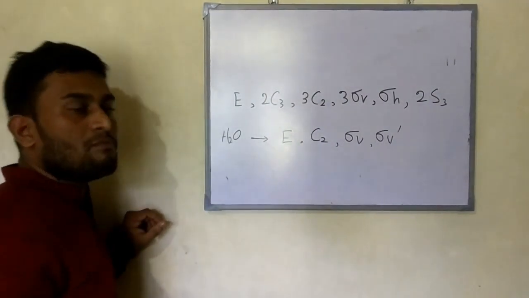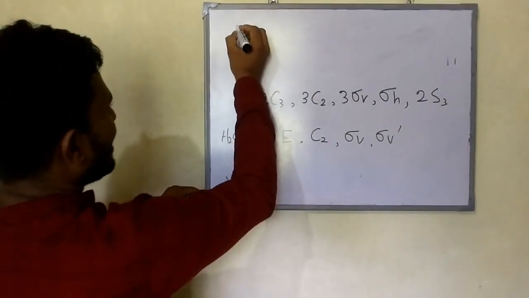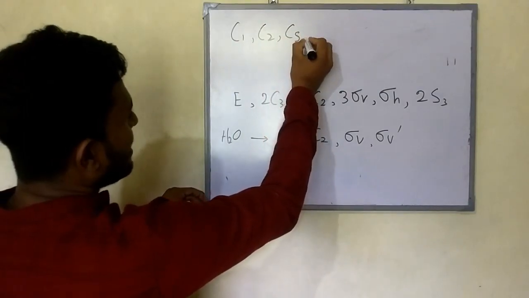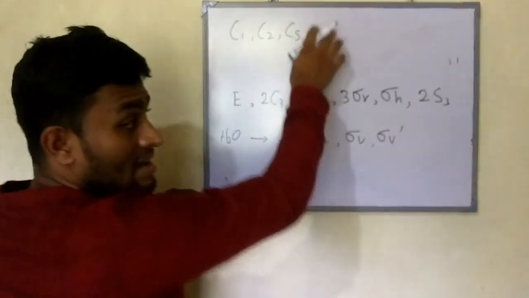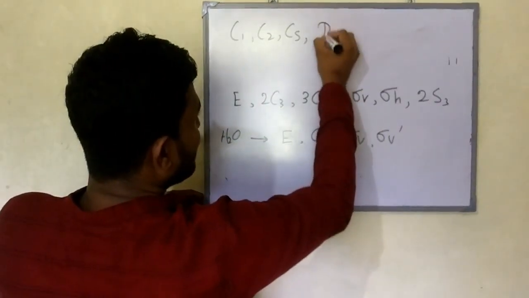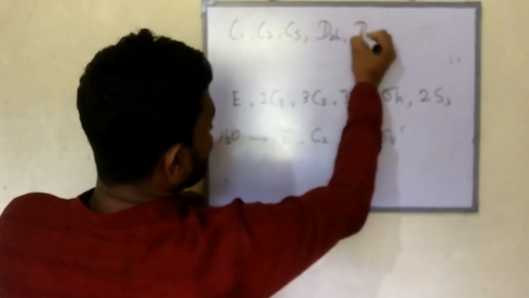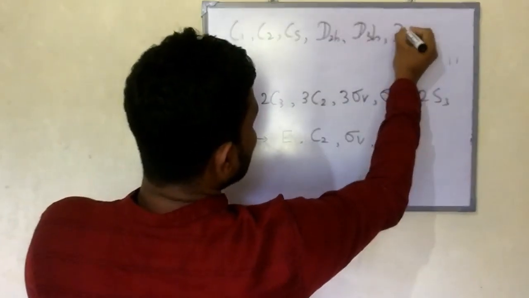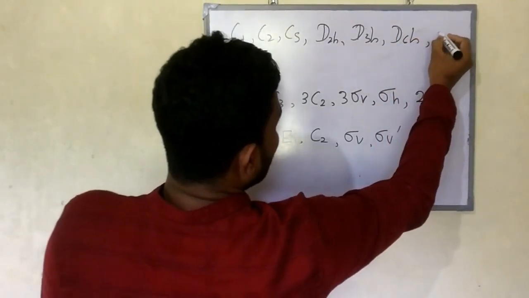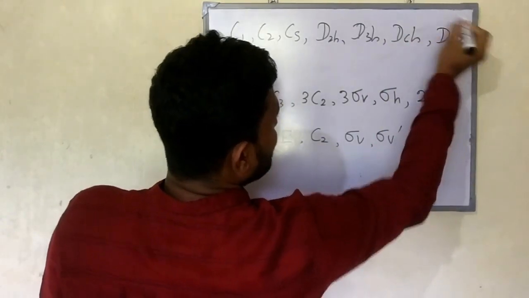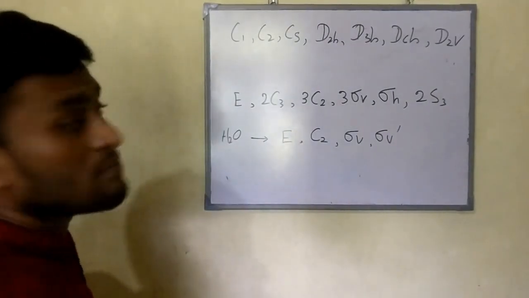Normally there are a lot of Schoenflies symbols, starting from C1, C2, CS, then these are C types, then D types are also there, D2H, D3H, D6H, then D2V, like that. There are a lot of point groups.